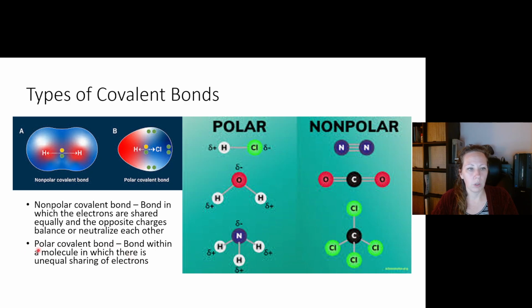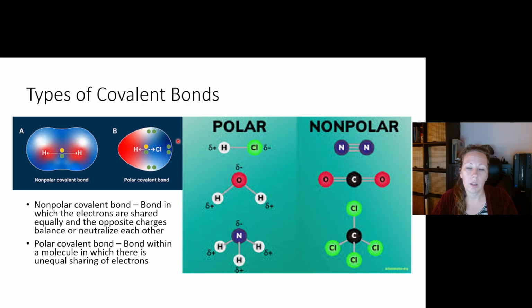In a polar covalent bond, there is an unequal sharing of electrons. The reason that this happens is because there is something called electronegativity that atoms have.